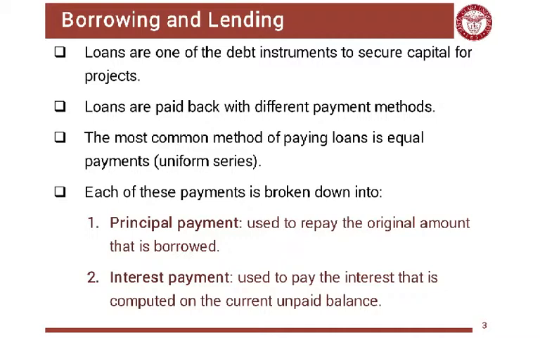Each one of these equal payments is divided into two parts. One is paying back the original principal amount, and the second part is used to pay back the interest that is accumulating over time.